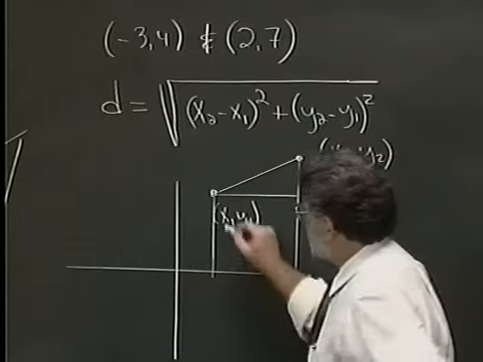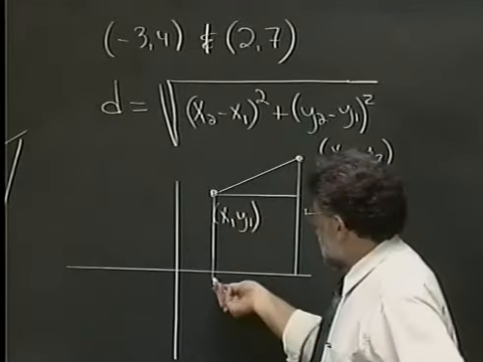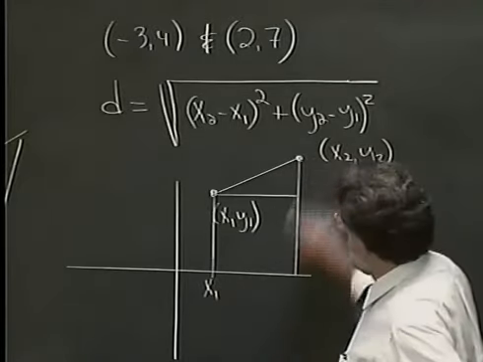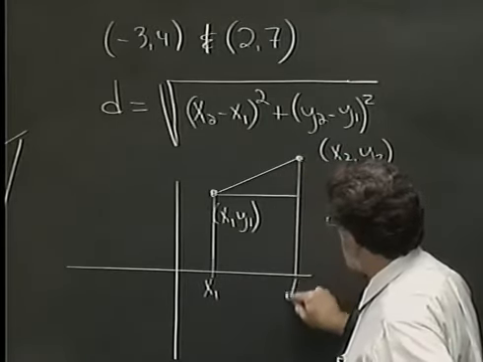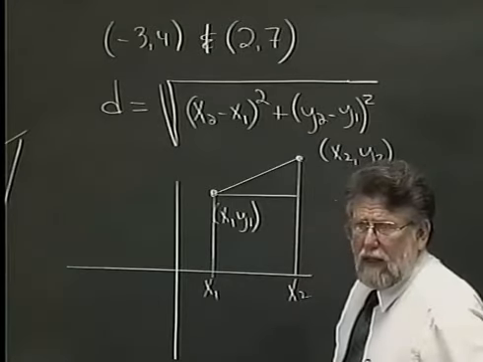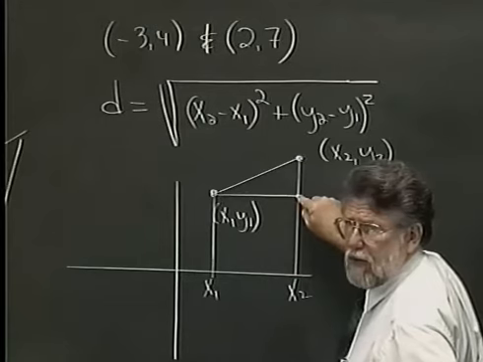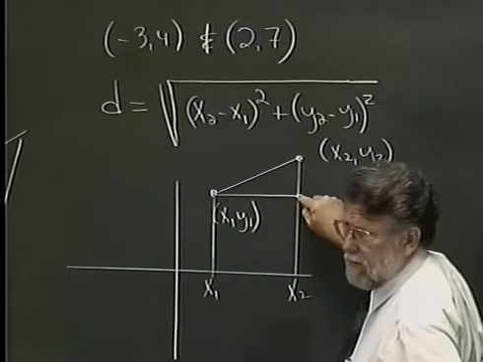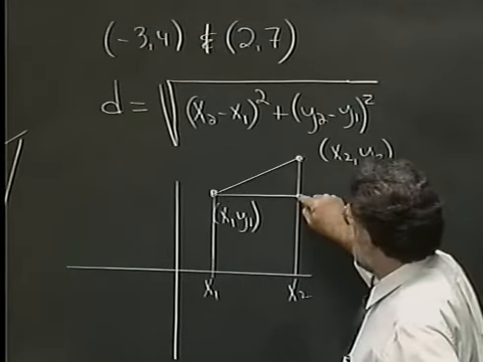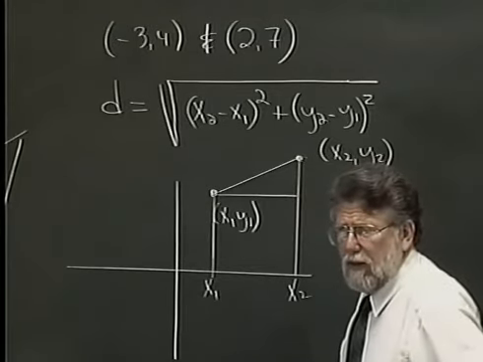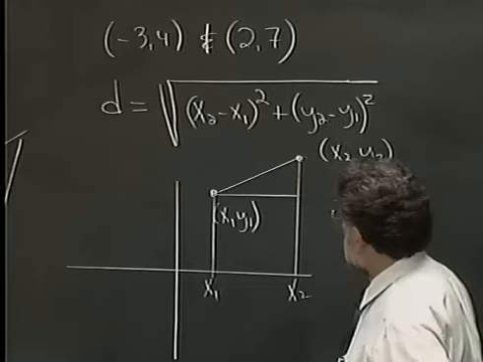Now remember, to get to x1, y1, I went over to x1. That's what this is. And to get over to x2, y2, I went over here to x2. So the distance of this leg is x sub 2 minus x sub 1. And in the same way, this shorter leg is just y sub 2 minus y sub 1.